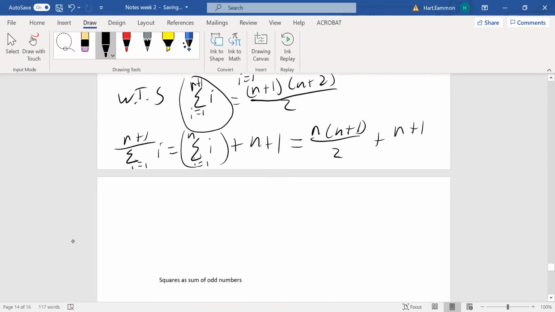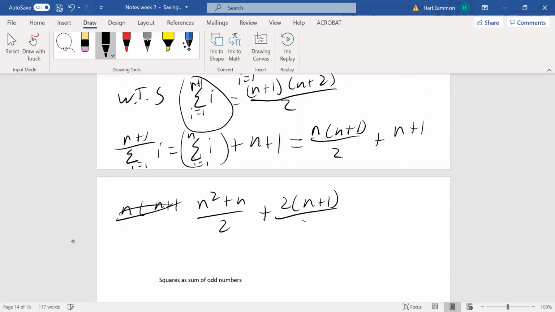I'm going to distribute: n squared plus n over 2 plus 2 times n plus 1 over 2. So that's equal to n squared plus 3n plus 2 all over 2.